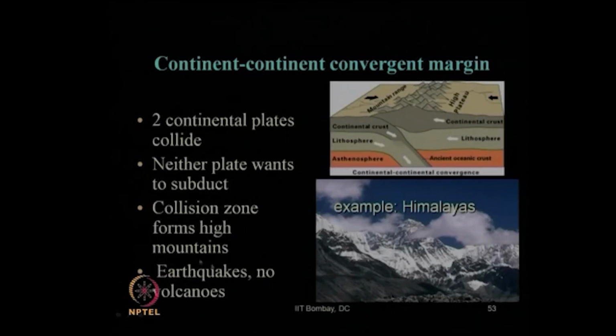So, here earthquake occurs, but mostly no volcanoes. That is, for continent movement, mostly no volcanic eruption takes place, but earthquakes of course occur due to hitting of these two continental crusts. A good example of that is the formation of the Himalayas.